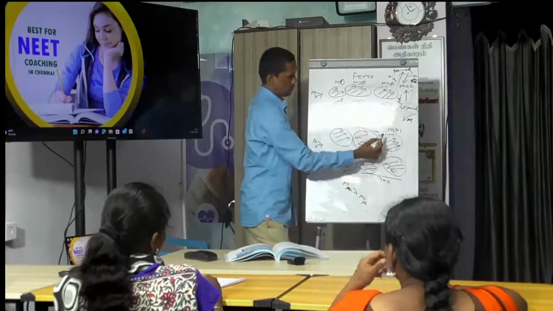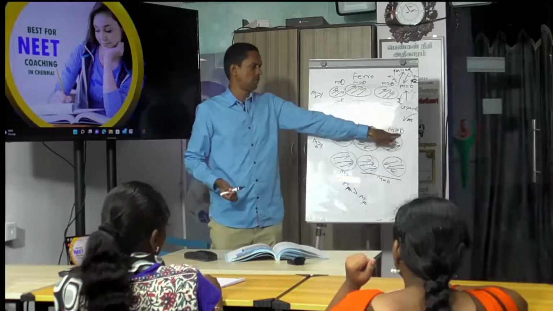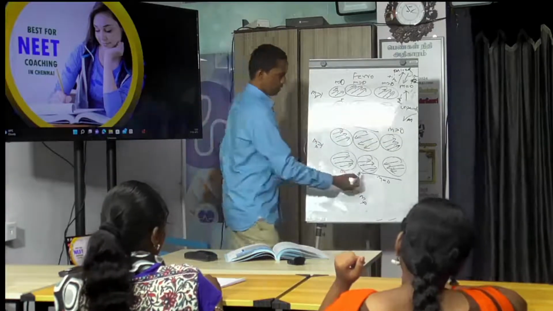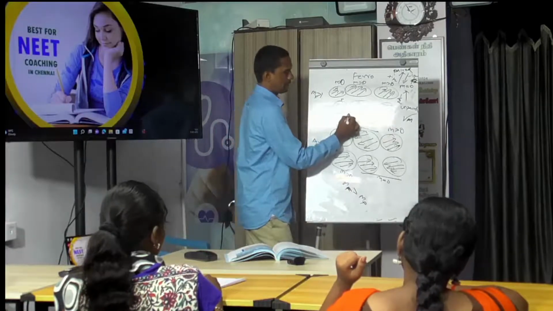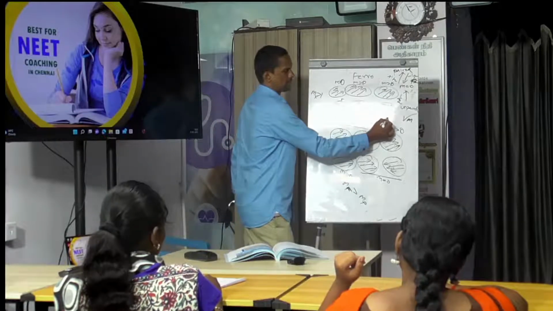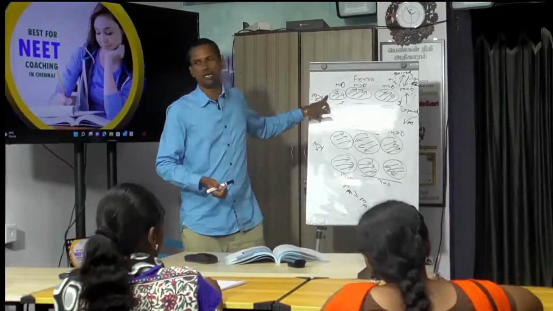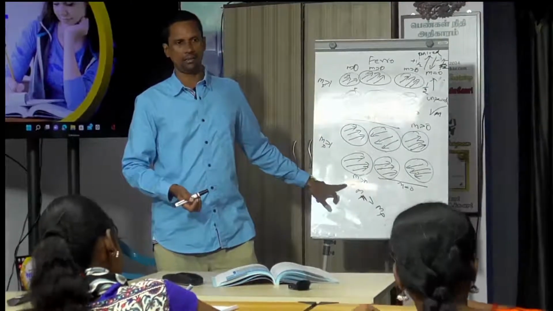M is greater than 0 means it could be 1 or 2, it could be anything. So in all the domains M is greater than 0. That means it has more magnetization compared to its counterpart, paramagnetic.